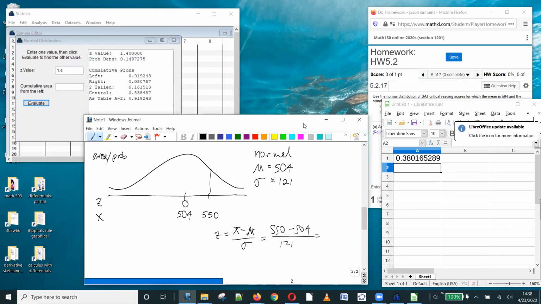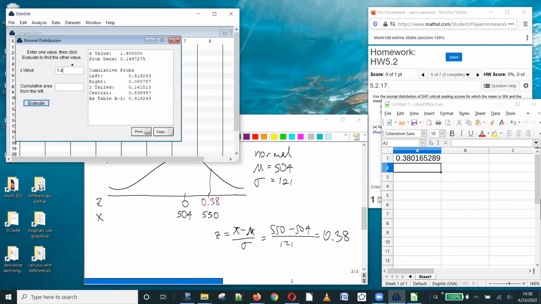So 0.38. So we fill that in, and now we just find our areas. StatDisk tells us 0.38, plug it in, and we get our probabilities.